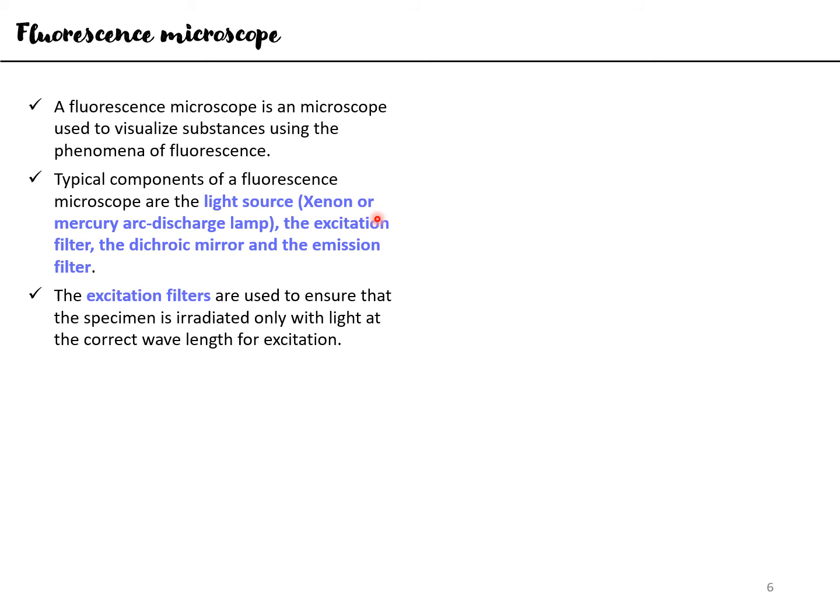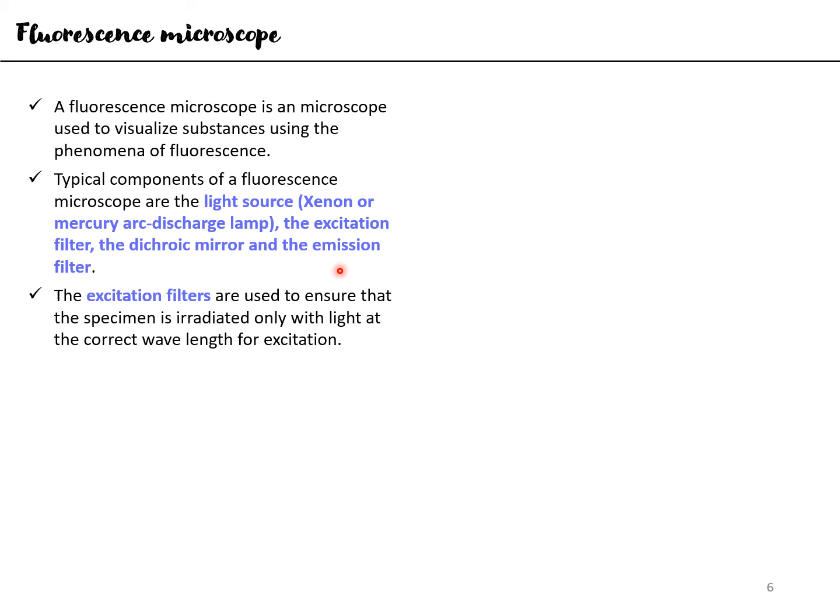When your xenon or mercury arc discharge lamp produces light, it will emit light of all wavelengths. Now, you don't really require all of these wavelengths. Only light of a specific wavelength can excite your fluorophore molecule, and that should be sufficient to serve the purpose. So the rays of the other wavelengths are filtered out using an excitation filter.